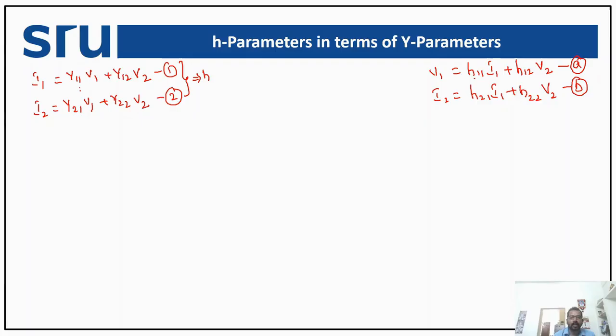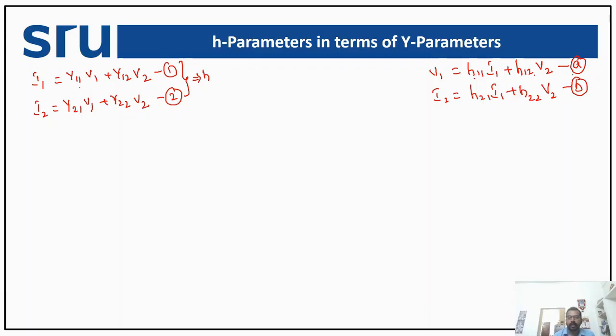So let us observe the equations and see which equation is to be rewritten first. If you observe, in Y parameters we have one current and two voltage terms, and in the H parameters we have two voltage terms and one current term, and we are having two current terms and one voltage.